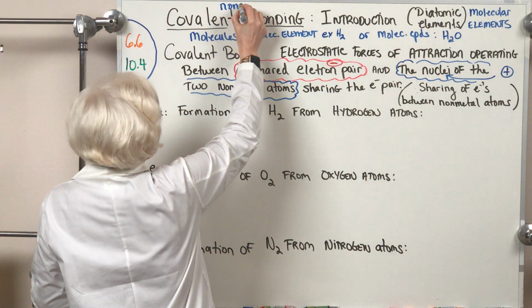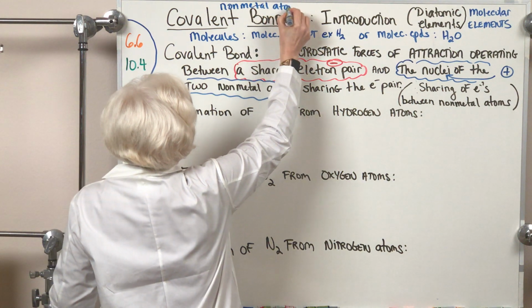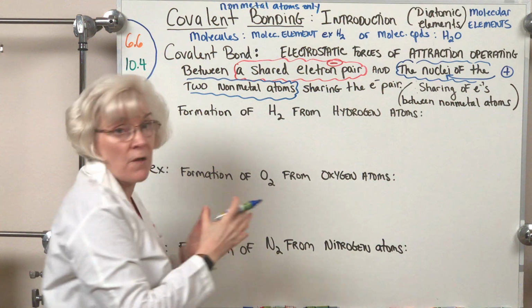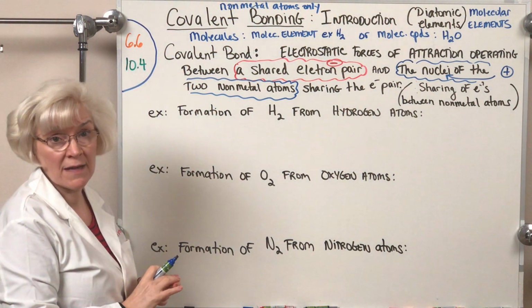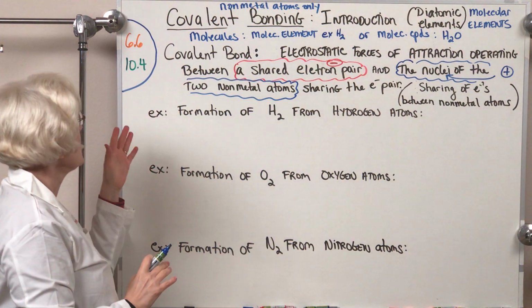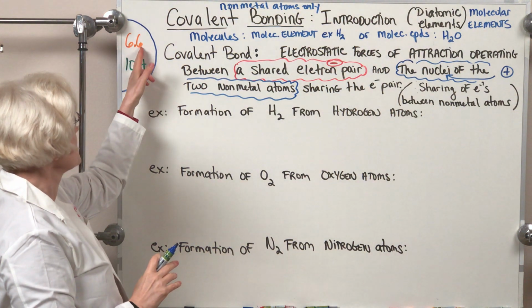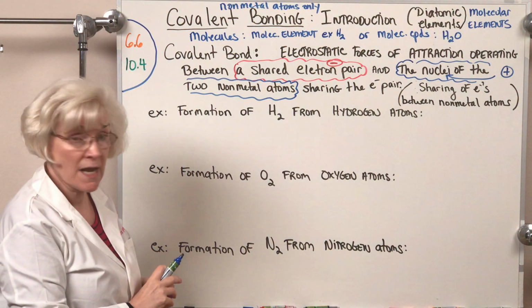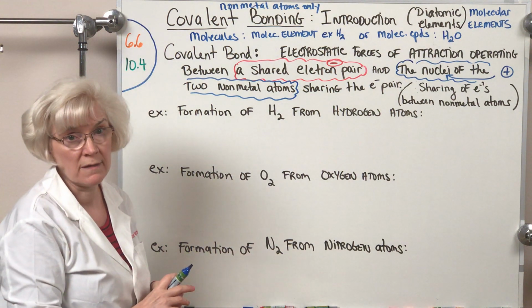And we'll write that up above here: nonmetal atoms only involved in covalent bonding. This information that I'm discussing is found in the Chem 2A textbook, Chapter 6, Section 6, and in the Chem 22 textbook, Chapter 10, Section 4.